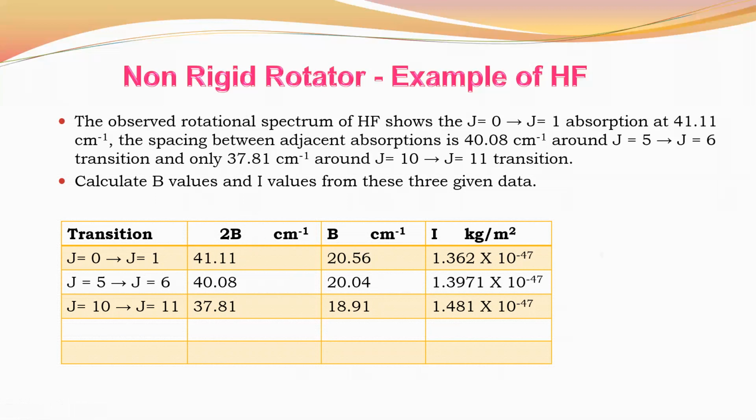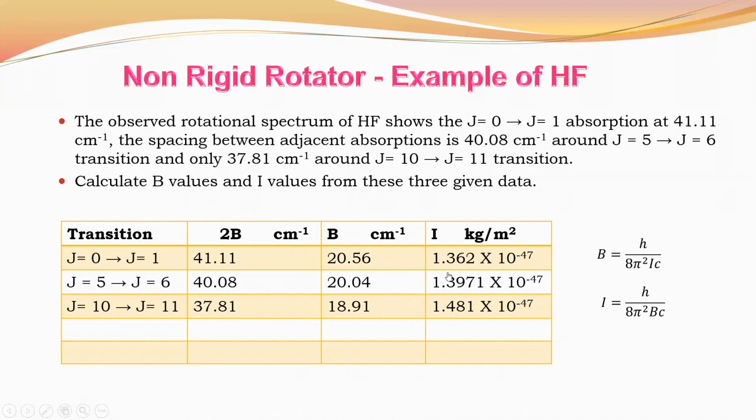We know that B is equal to h divided by 8 pi square Ic, or I is equal to h divided by 8 pi square Bc. Substituting the values, we will get the moment of inertia.